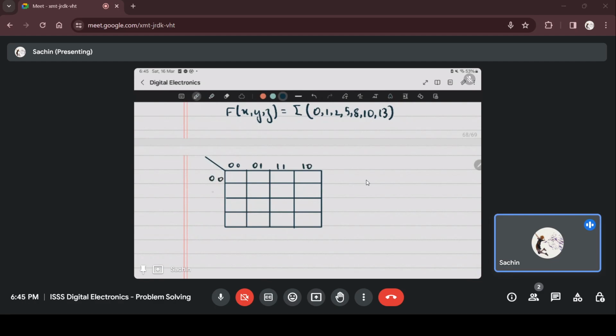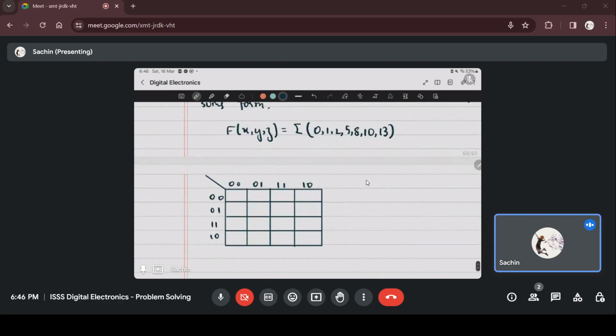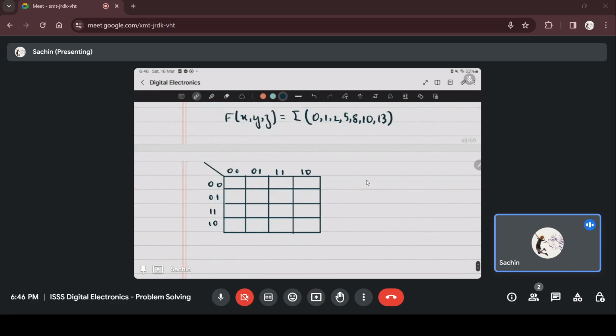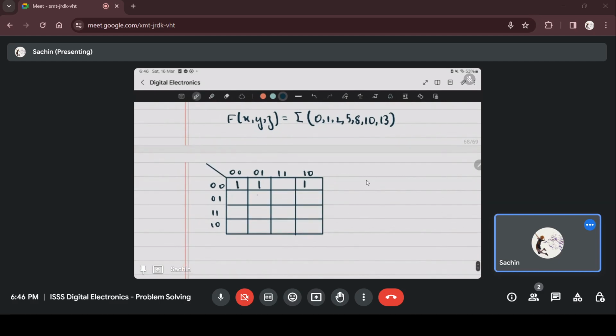This will be 0, 0, 0, 1, 1, 1, 1, 0. And if you are filling the minterms, you'll fill ones in place of 0, 1, 2, 5, 8, 10, and 13. And the remaining will be zeros.